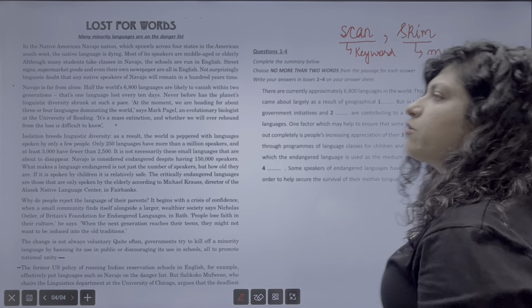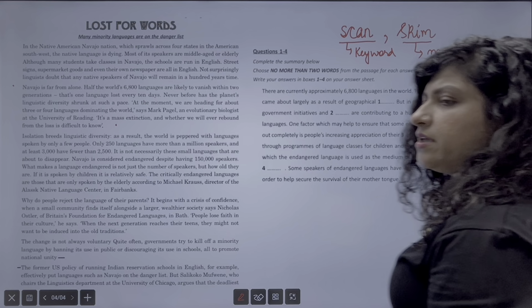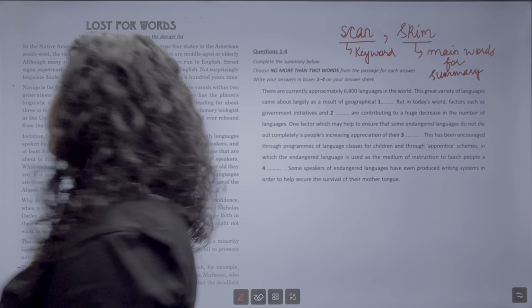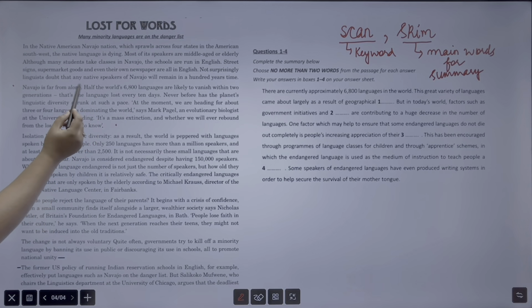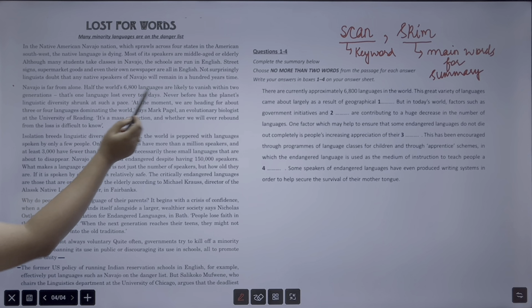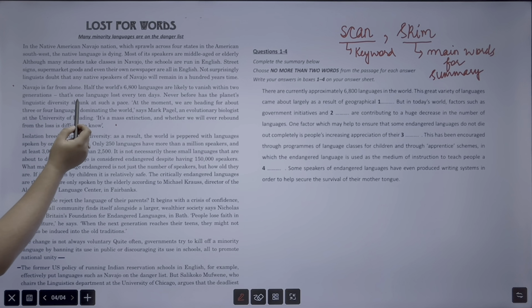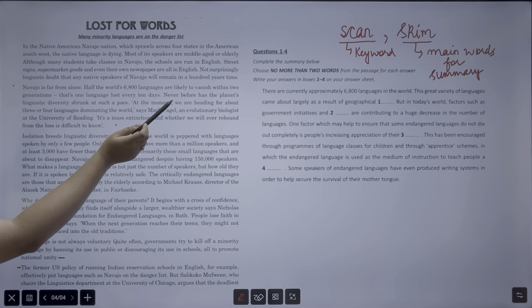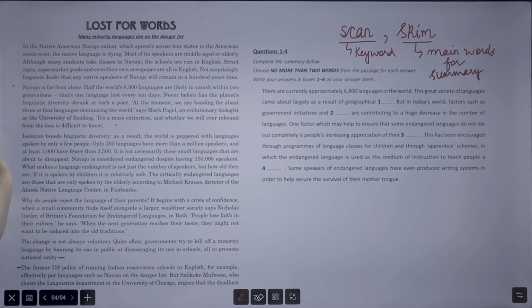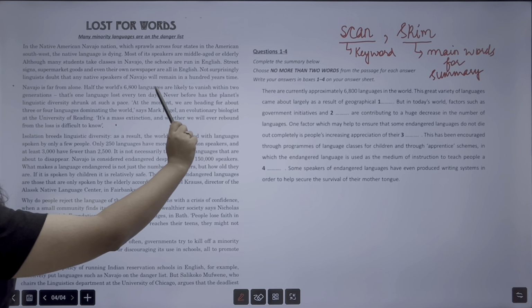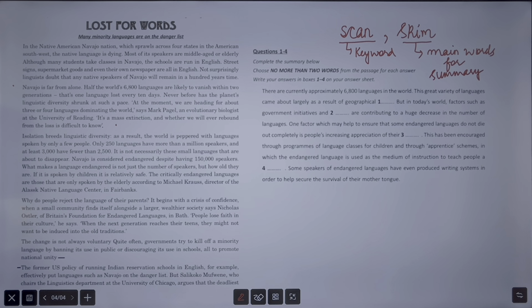So for skimming, what you'll be doing is you'll be only reading the main words. For example, you'll read this: half the world, 68 in your language, vanish, 2 generation, 1 language lost every 10 days, never before, diversity shrunk. So what I'm doing is I'm just reading the main words, trying to understand the summary, the gist here.